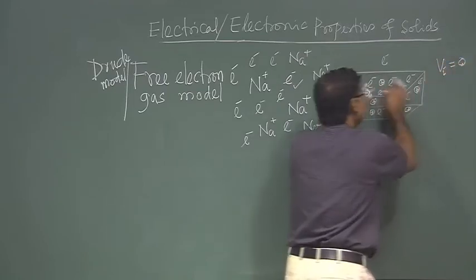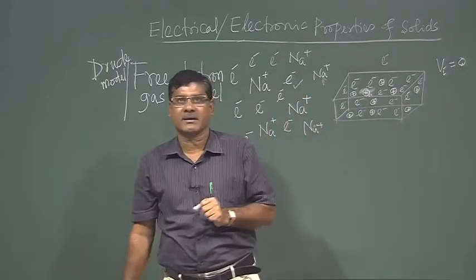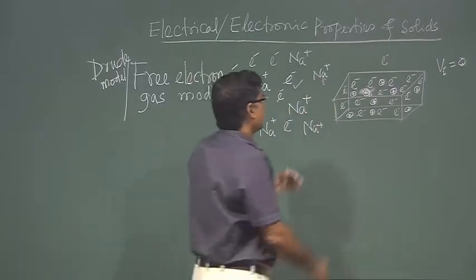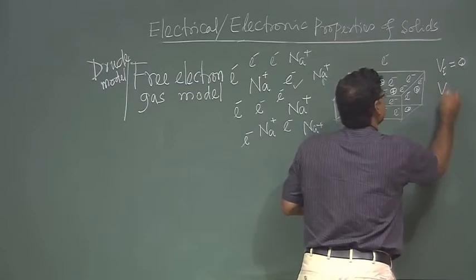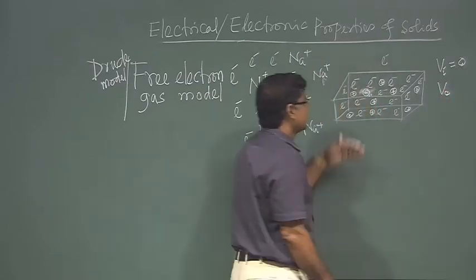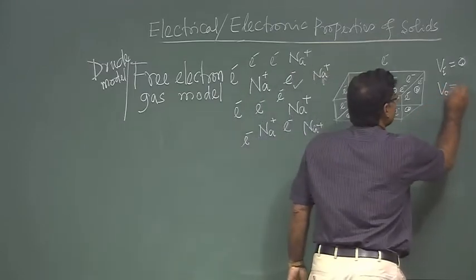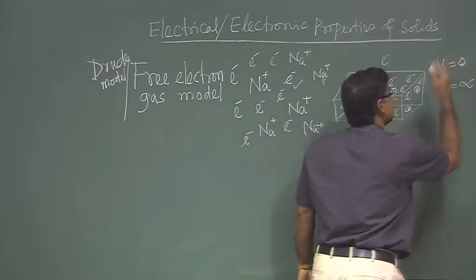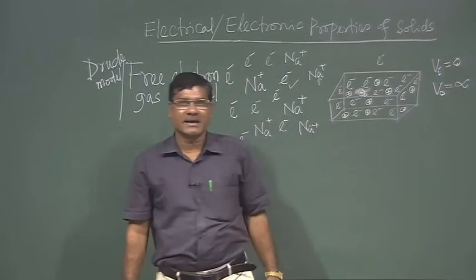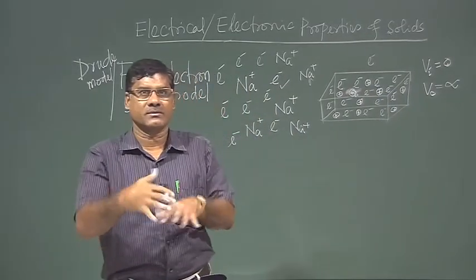Potential energy of these electrons inside the metal is 0, and just on the surface and outside of the metal it is very high, taken as say infinity. So, it is like just a potential box, you know.